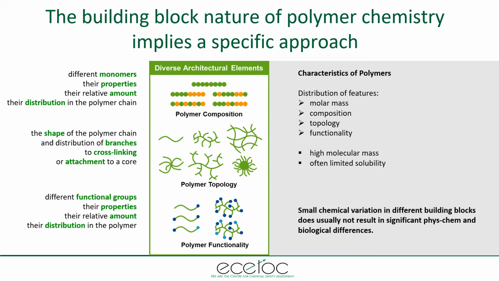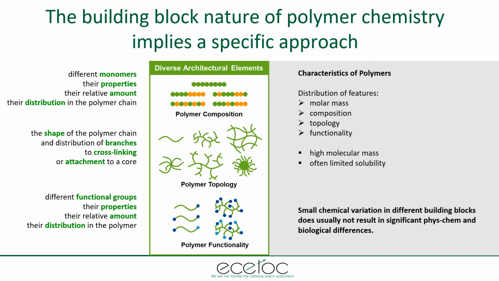So this makes polymer chemistry really a compositional approach, which means we finally end up with a distribution of features. It's always a distribution of molar mass, of composition, of topology, and functionality.